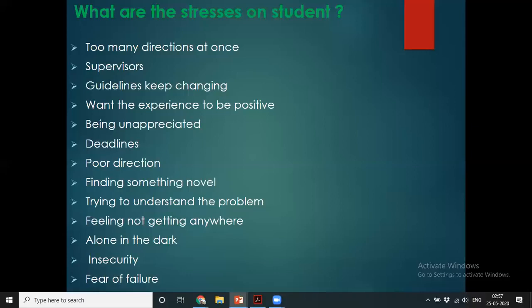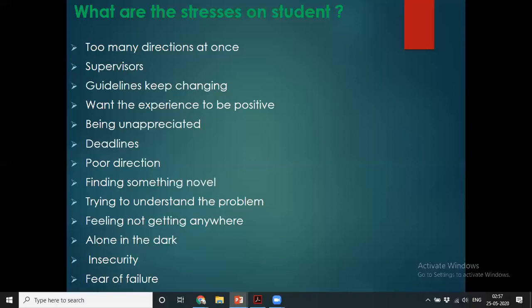A PhD is a research degree, so always you have to do some novel, new work. If you are not able to do new work, your paper will not be accepted. If your paper is not accepted by the scientific community, then you will not get the degree. That also creates stress for the student.